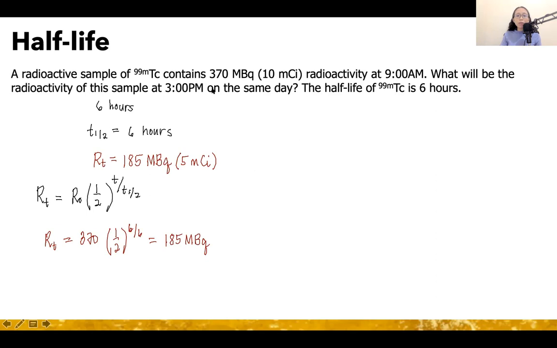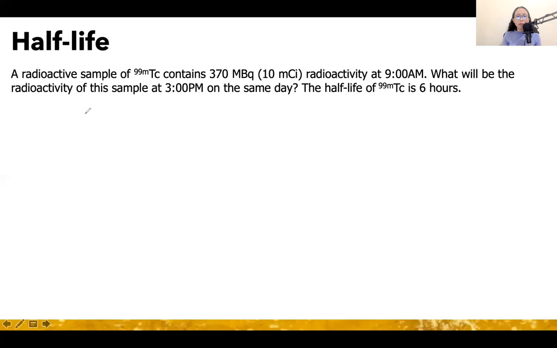What if we measured the radioactivity at 6 p.m. on the same day? That would mean 9 hours passed from the initial measurement at 9 a.m. So if it is 9 hours, following our formula, R sub t equals R sub 0, which is 370 megabecquerels, times 1/2 raised to 9 over 6.